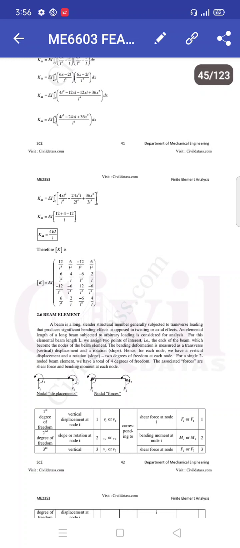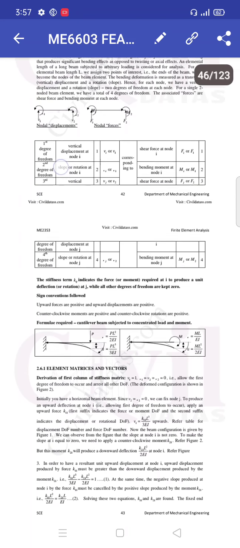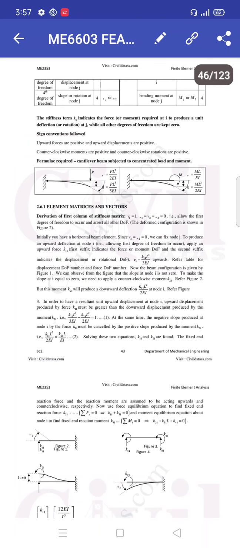The associated forces are shear force and bending moment at each node. The stiffness term K indicates the force or moment required at one degree of freedom to produce a unit deflection or rotation, while all other degrees of freedom are kept 0.